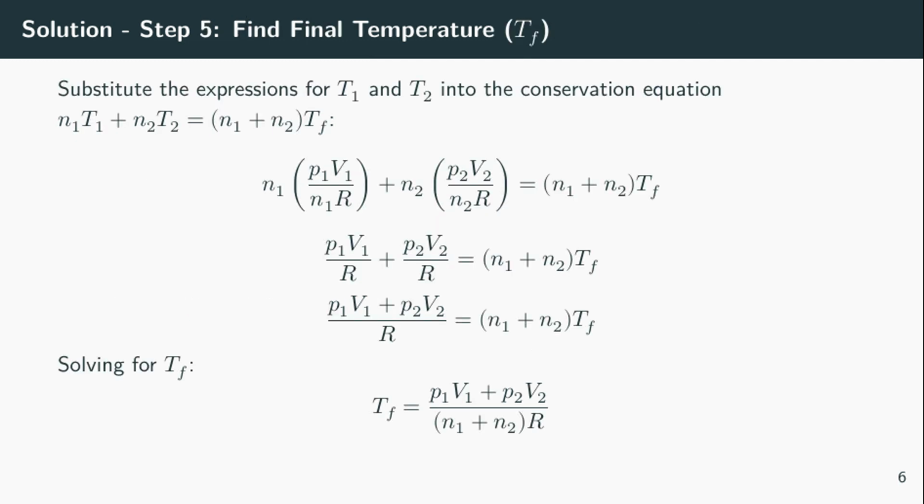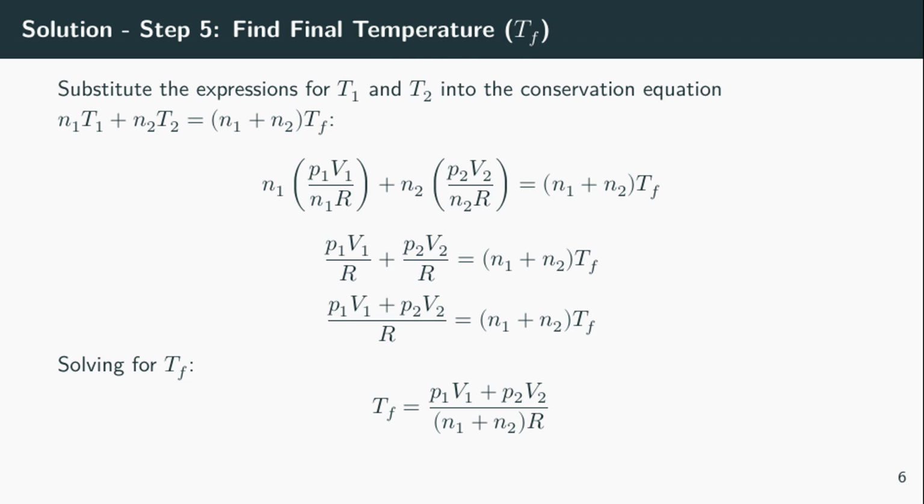Alright, let's use these expressions for T1 and T2 and plug them back into our conservation equation: N1T1 plus N2T2 equals the total moles times T final. Substituting T1 and T2 gives us N1 times the quantity P1V1 over N1R plus N2 times the quantity P2V2 over N2R. This whole thing equals N1 plus N2 times T final. Notice how the N1 term in the first part cancels out and the N2 term in the second part cancels out.